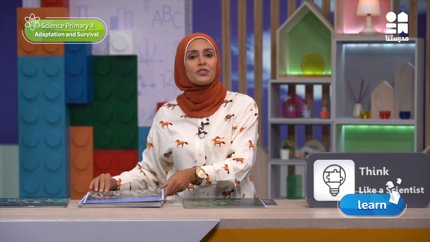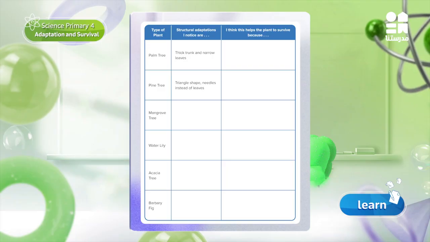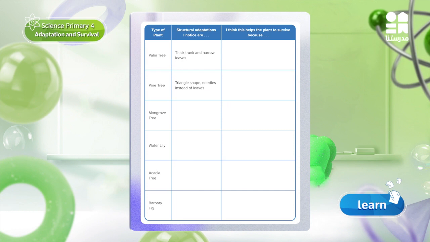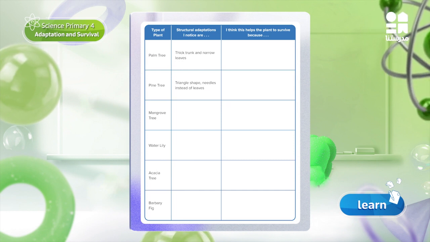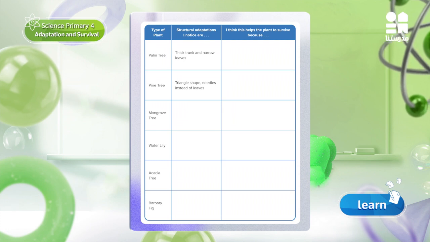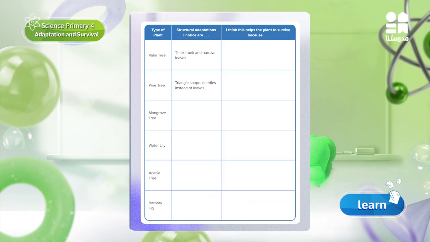Now, it's your turn, botanists, to use all the observations and ideas that we have discussed in order to record your answers on page 17, where you will find a table with 6 plants written in it. Record in front of each plant its various structural adaptations and write how they help it in the environment where the plant lives.